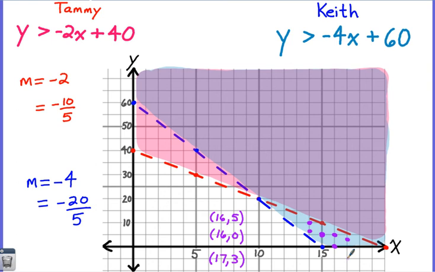I know this point right here technically lives in Keith's shading but not Tammy's shading, but you can't actually give an answer of 17 comma negative 5, because saying 17 mowings but negative 5 rakings doesn't make any sense. You can't have negative 5 rakings. So I also just wanted to clear that up, okay?